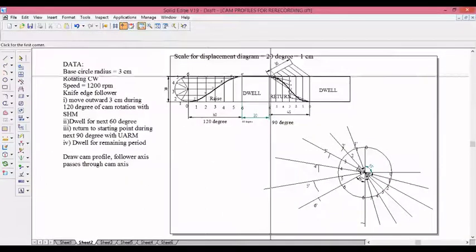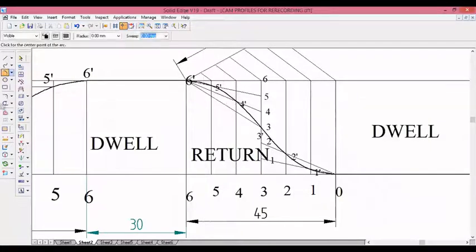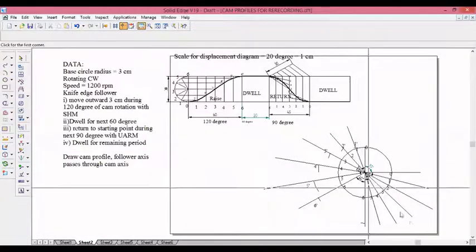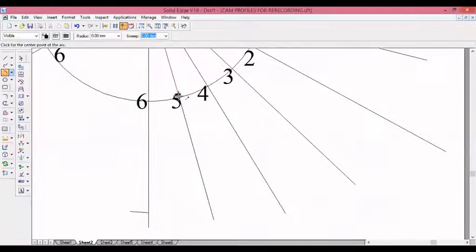Now we need to measure 5 to 5 dash. Measure using compass, keep compass leg at 5, touch this 5 dash, cut an arc.